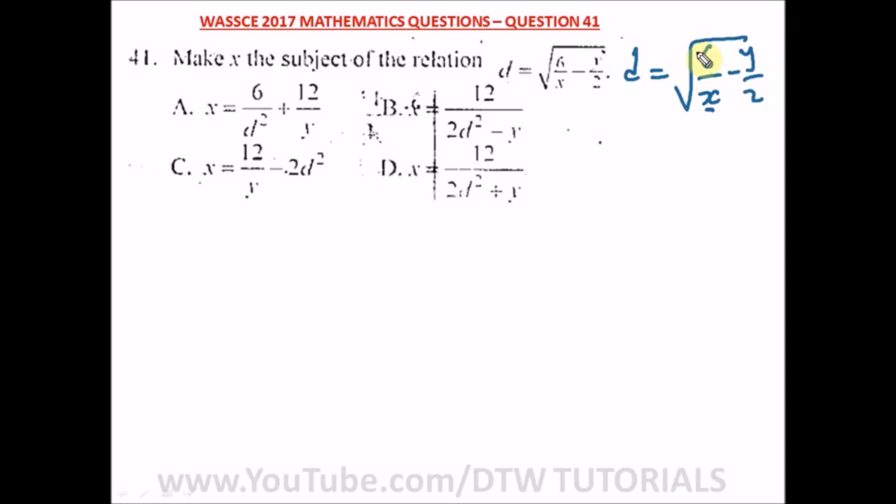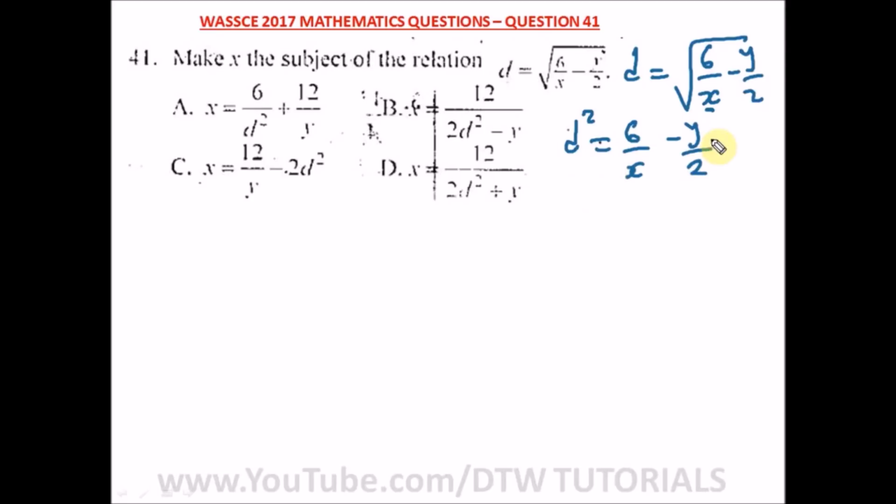Let's start our solution. The first thing is to remove the square root. To remove the square root, remember in change of subject of formula, we square everything on this side of the equation. It is only d we have here, so d squared is equal to 6 over x minus y over 2.